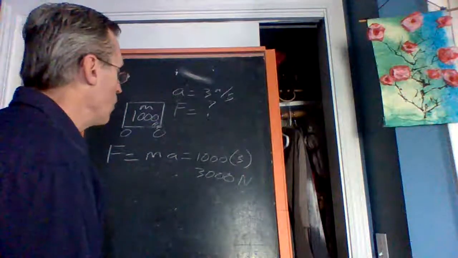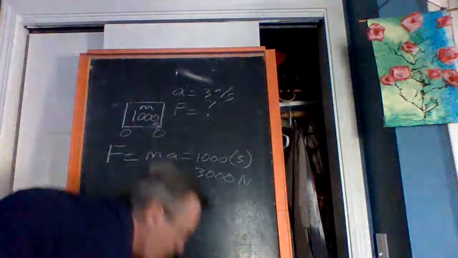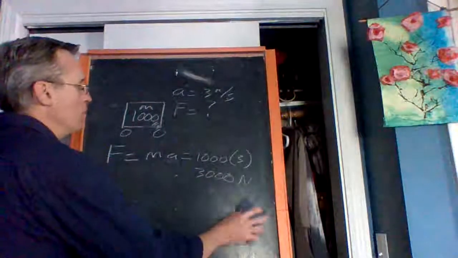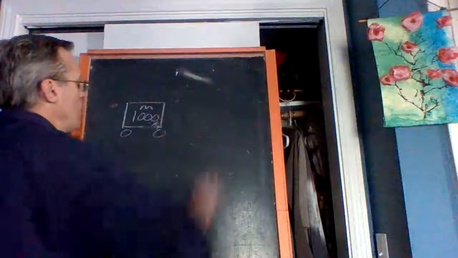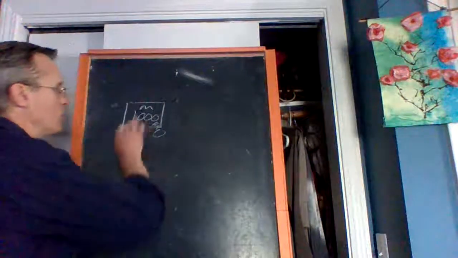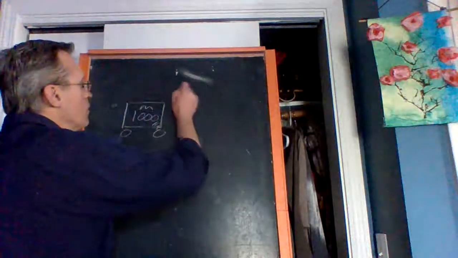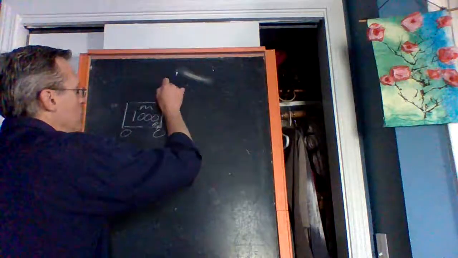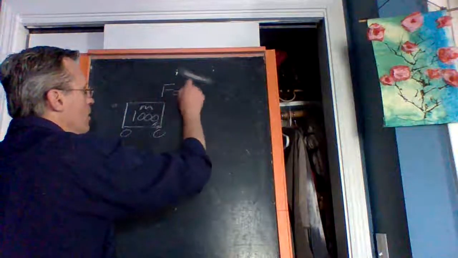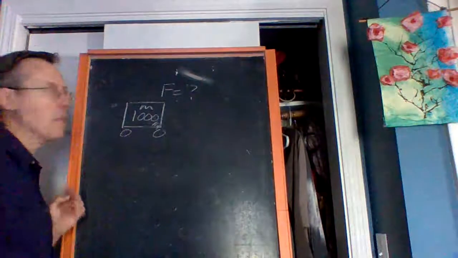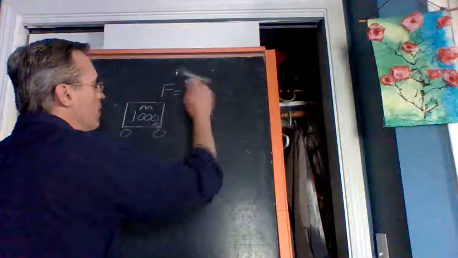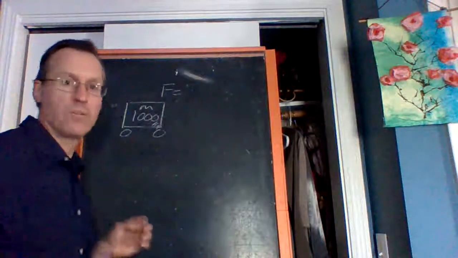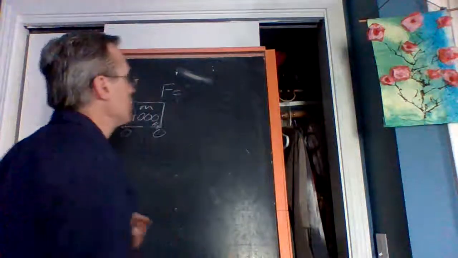Let me do another example. Let's say we have the same car, and we're going to put a 5,000 Newton force on it. I don't know why I put a question mark there, probably because it's morning and my coffee hasn't kicked in yet.